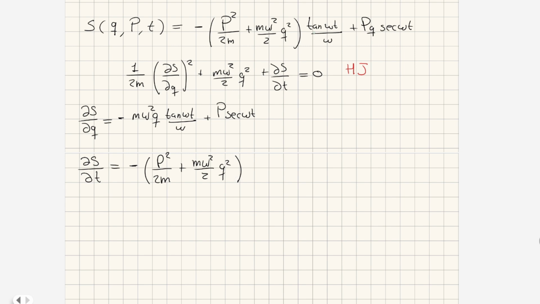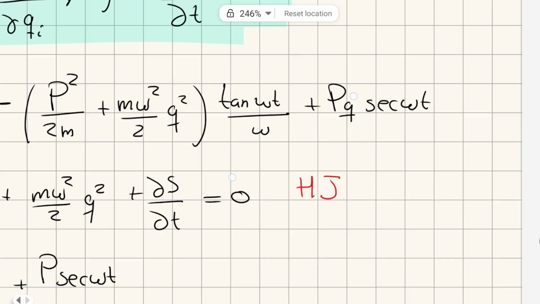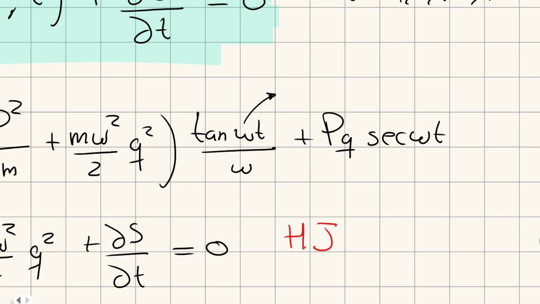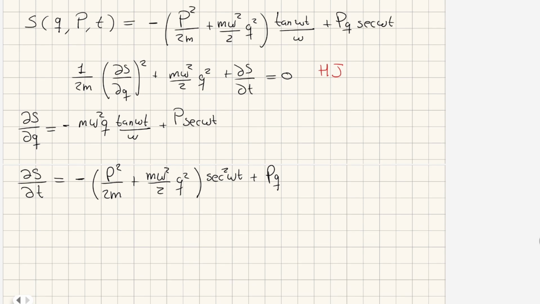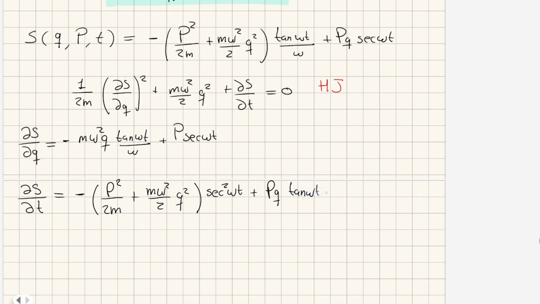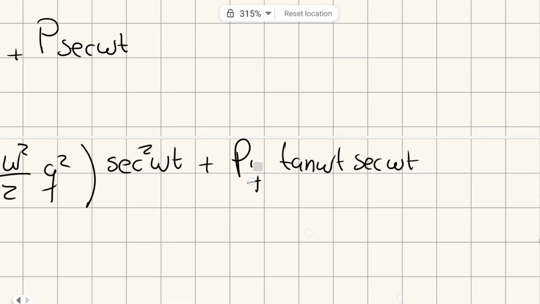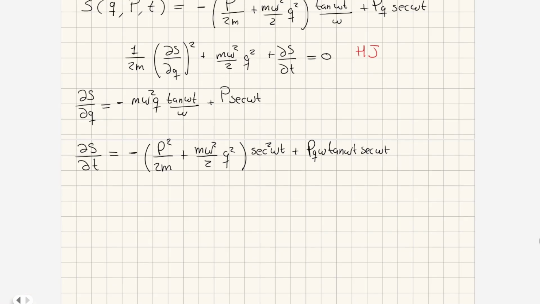You know that the derivative of the tangent is the secant squared, and we take out an omega when we use the chain rule, and this omega will cancel with the omega that we have in the denominator, so we get a secant squared omega t, and then plus pq, then the derivative of secant omega t will be tangent omega t secant omega t, and we take out an omega again, so let me write that omega here. Perfect, so that will be the derivative of s with respect to time.